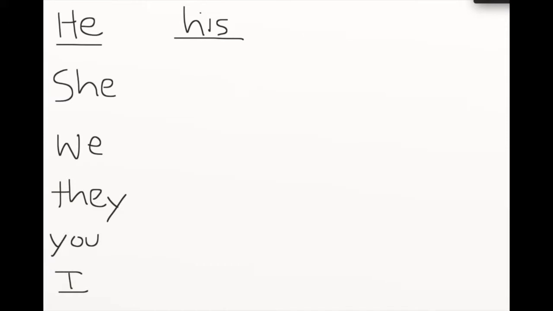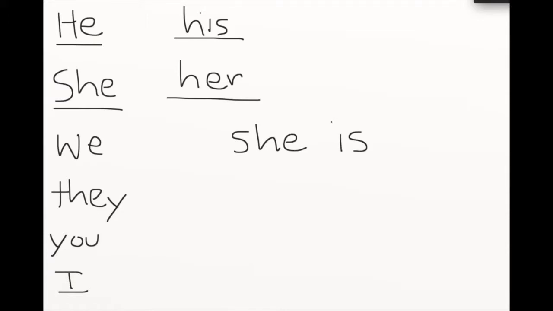So let's look at the possessive for she. She is her. Okay, so a sentence example of this would be she is using her bike.